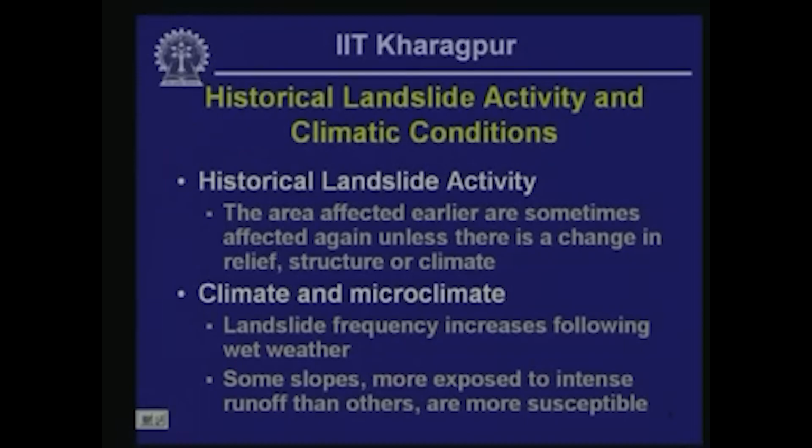So they have their own rainfall intensity, their own snow cover or snow melt pattern, which may be quite different from areas only a few kilometers away from the area that we considered. So what you have to look at in this respect is both climate and microclimate of the area, and the key considerations are as follows.